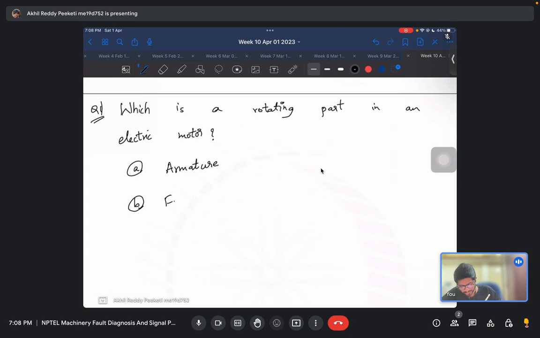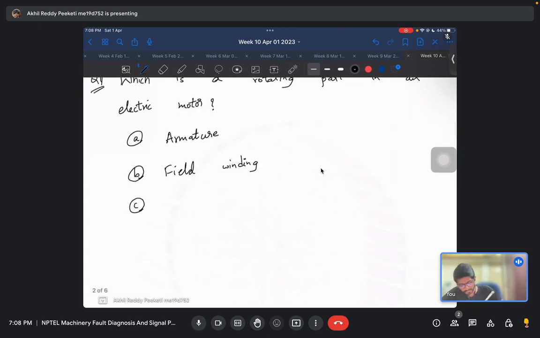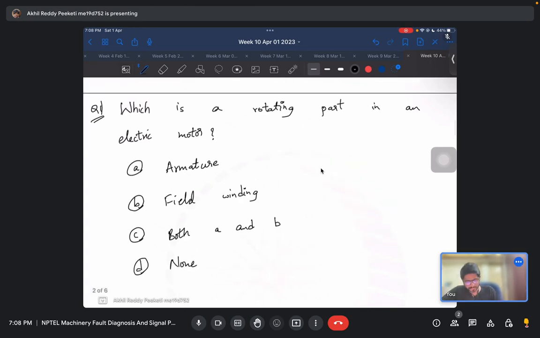B. Field winding. C. Both A and B. D. None of them. Yeah, so the first question is which of the following is a rotating unit in an electric motor? Whether armature or field winding, or both are rotating, or none of them are rotating.